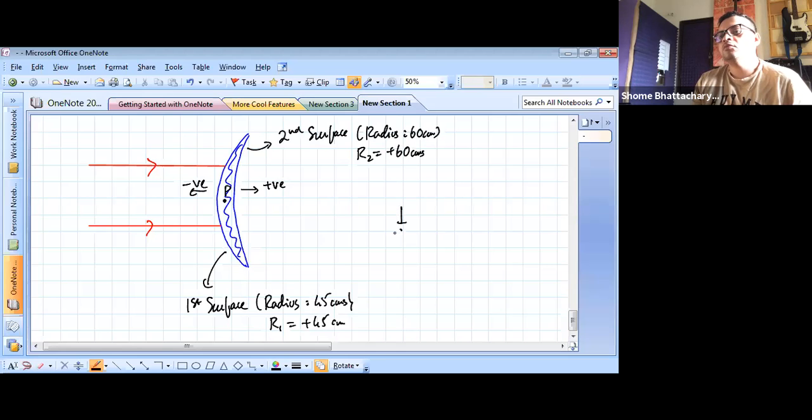Okay, so my lens maker's formula will be this: 1 upon R1, so R1 will be substituted as plus 45, minus 1 upon R2, which will be plus 60. You can see you get exactly the same. 1.5 minus 1, you can take 2 common.